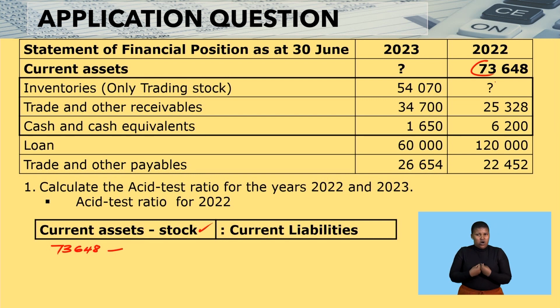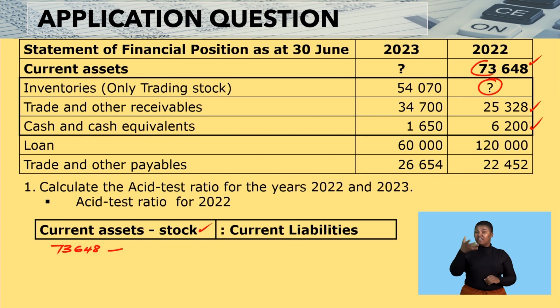But here we have a problem now. We don't know how much that stock is. So we can calculate the stock very easily. You say 73,648 minus, take your calculators and punch these figures. 73,648 minus 25,328 minus 6,200.